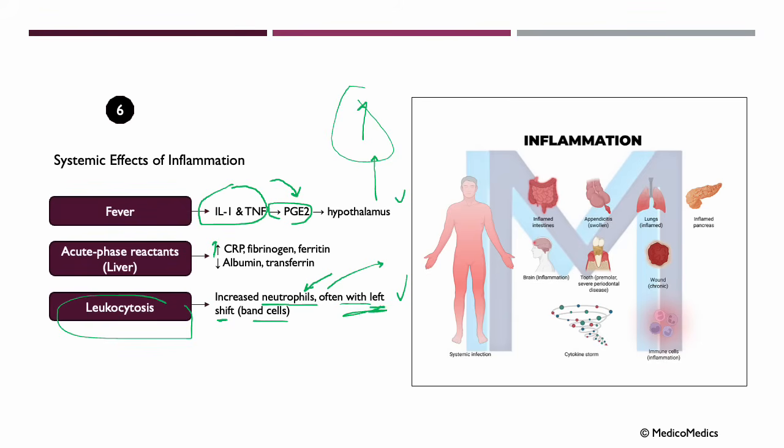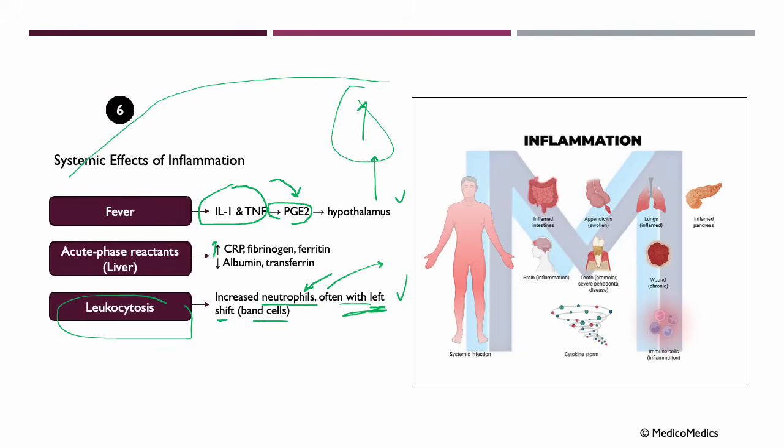The left shift here suggests that the bone marrow is under stress or it's responding aggressively. So it's pumping out these immature neutrophils. And all of these are commonly tested in the context of infection, sepsis, or leukemia workups.